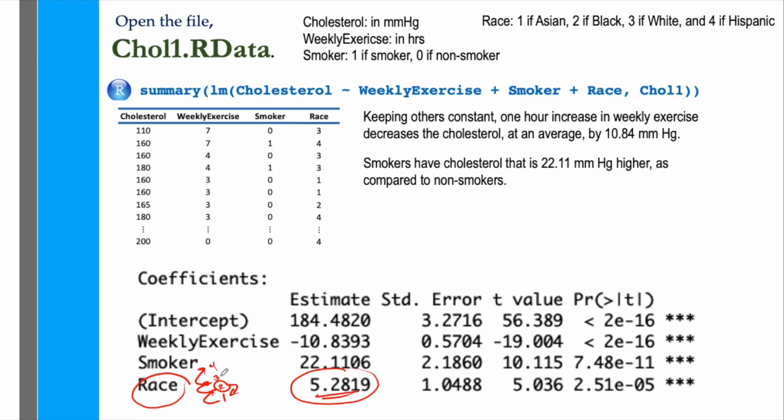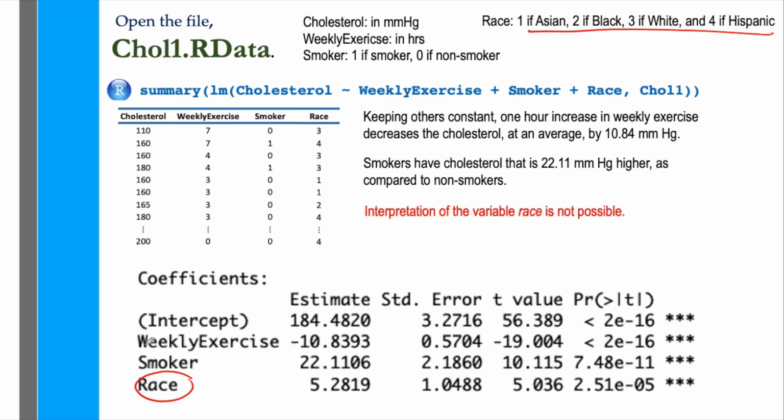Actually, it's not. This is not the proper way of putting a linear regression model if you have a categorical variable with more than two outcomes like this one. So how are we going to deal with this? We have to add what we call a dummy variable. Dummy variables are added to represent categorical responses.